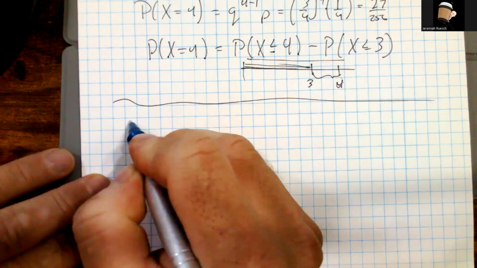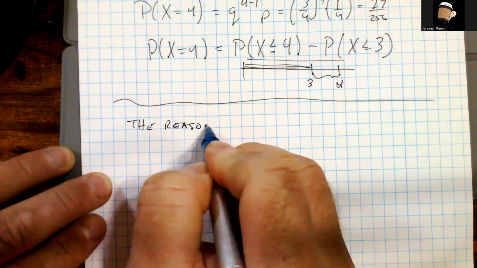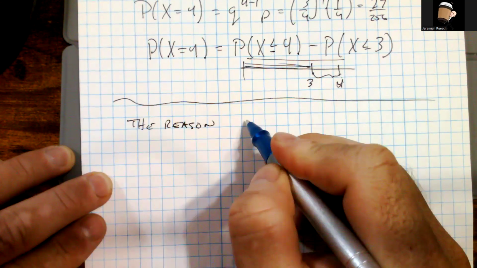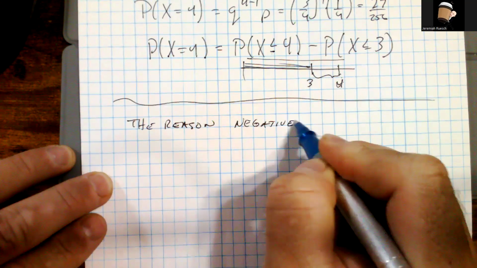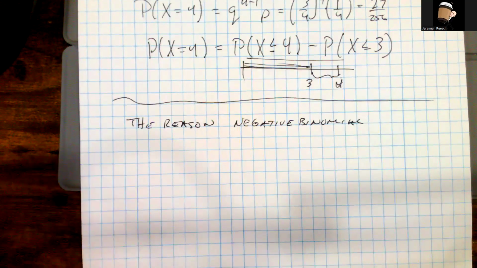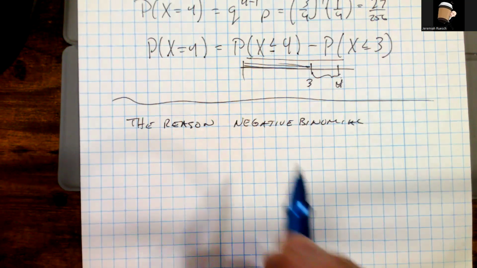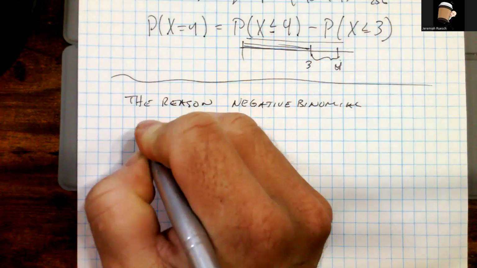But let's look at the reason for, like, why do they call this the negative binomial? Remember in the notes I said when r is equal to 1, it's called the geometric because you get a geometric series as a result of that. So that's cool to keep in mind. But let's see, what should we call it?